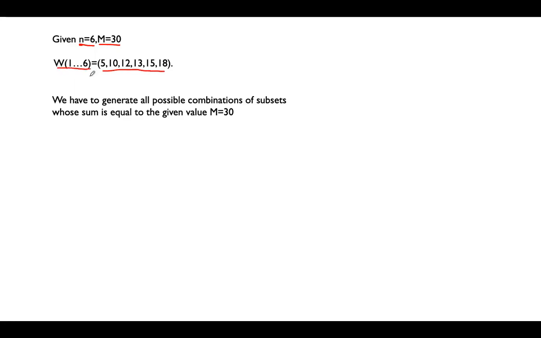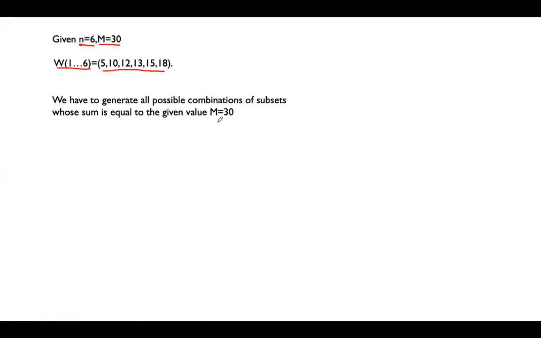So this is one set. I want to find out which elements will sum up to 30. We have to generate all possible combinations of subsets whose sum is equal to the given value m, that is 30. Okay, that is sum of subsets.